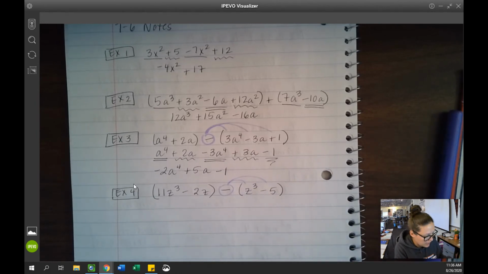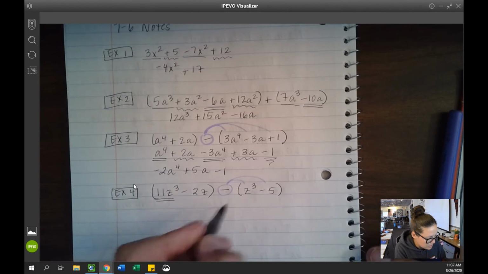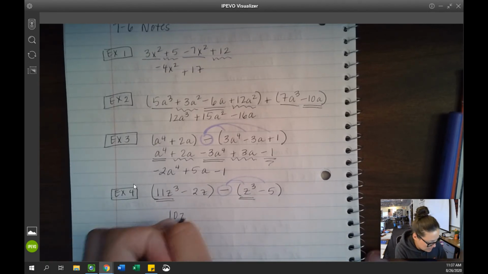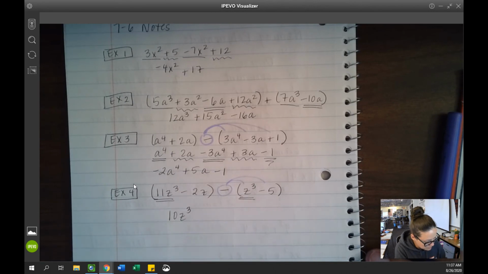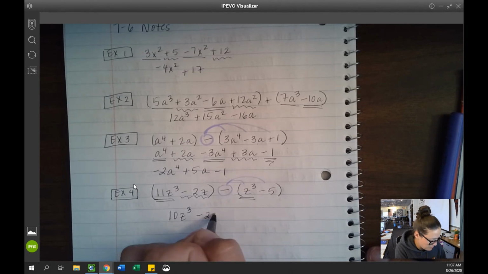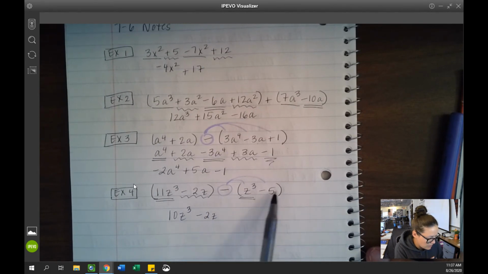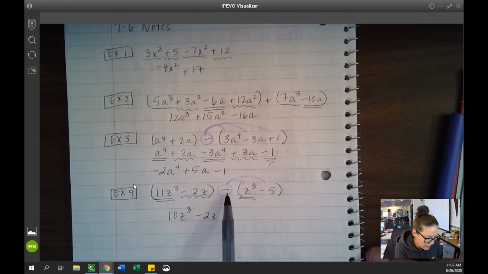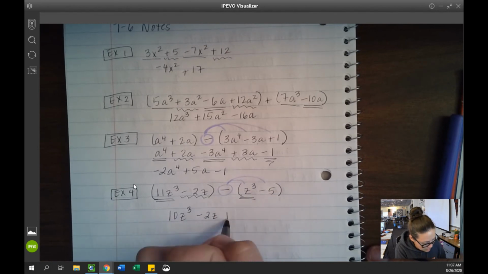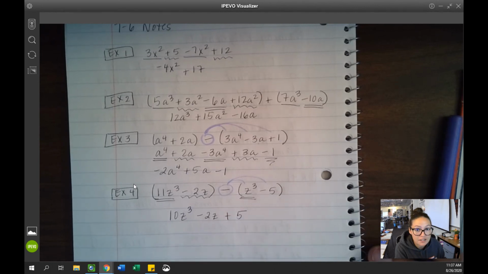So I'm going to have 11z cubed minus z cubed, which gives me 10z cubed, a negative 2z. I have no terms to go with that. Here, I'm not going to write minus 5 because I'm doing minus a negative 5. That's actually going to make it a plus 5.